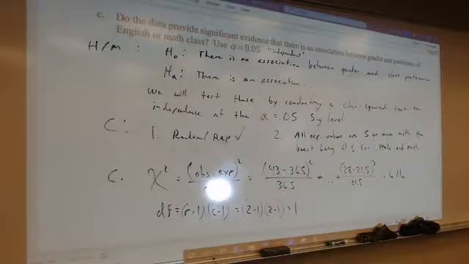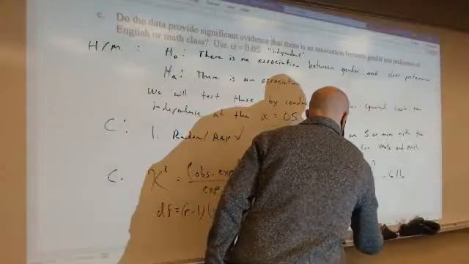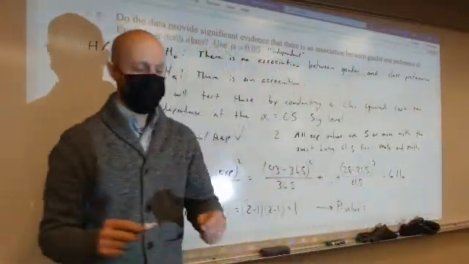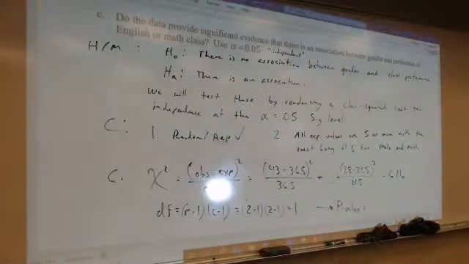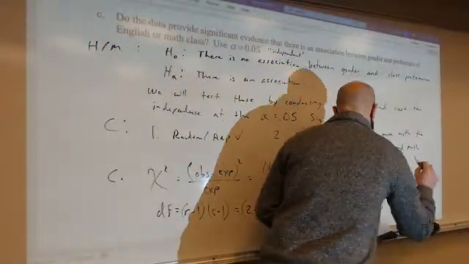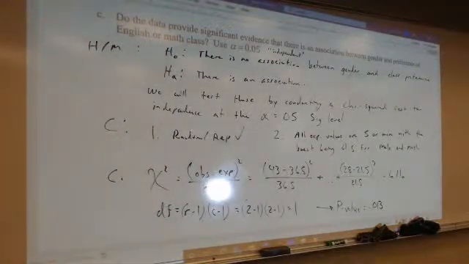At this point, we can now find our p-value. We can use table C, or we can use chi-squared PDF in our calculator. But we do end up getting, I'll just do it for you, 0.013. Now that is a, well, you tell me.